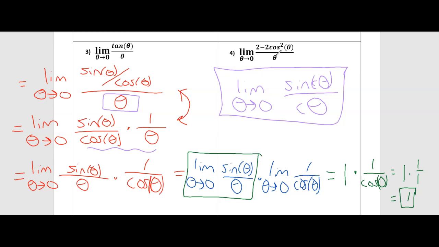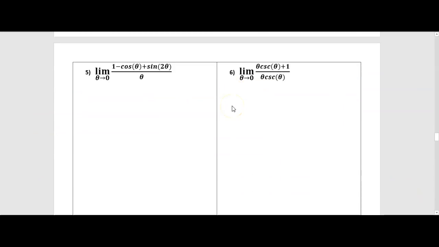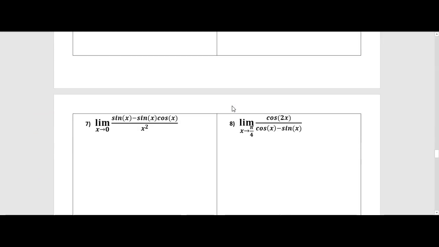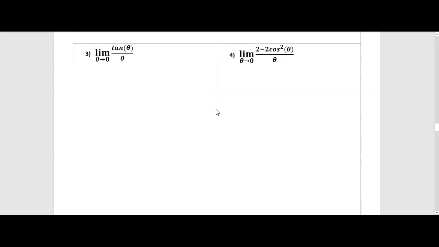So I'd encourage you to work through numbers 1 and 4. I believe there are some extra problems on the next page as well. Yep, 4 more. So there's quite a bit of these trig limits to work through. Take your time. You may have to try multiple methods, multiple manipulation techniques, but eventually you can get there.